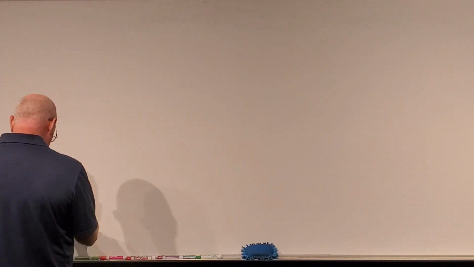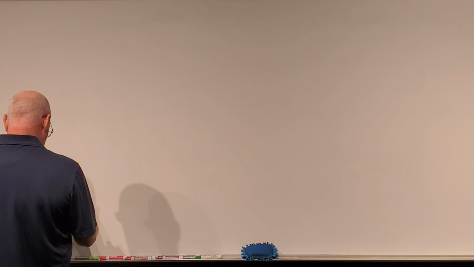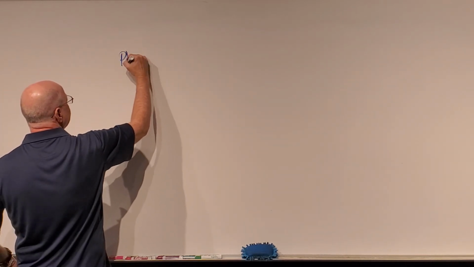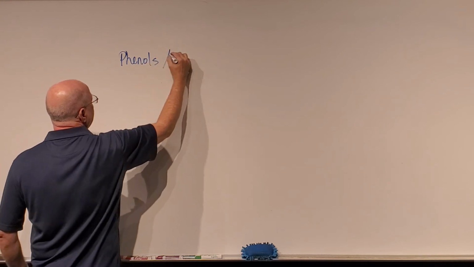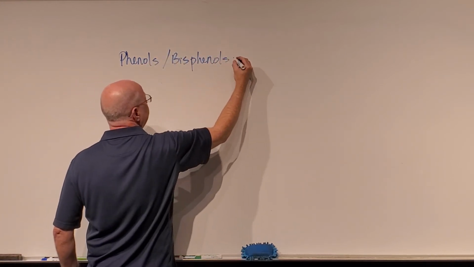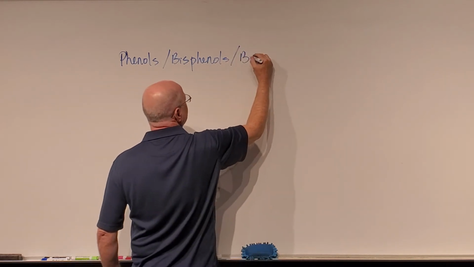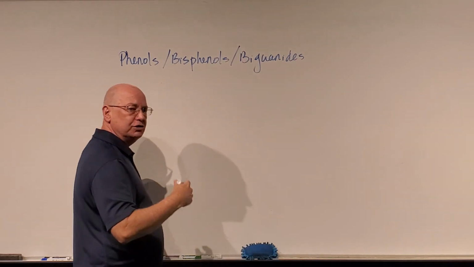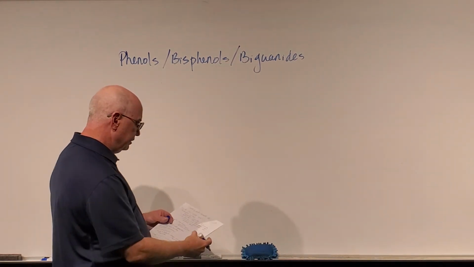I'm just going to mention a few, briefly. I'm going to keep my notes in my hand so that I run through them quickly and not spend too much time. One of the things we know about phenols and bisphenols, not only are they used to test the effectiveness of other agents, and there's another one called biguanides. The biguanides are not used to test the effectiveness of other agents.